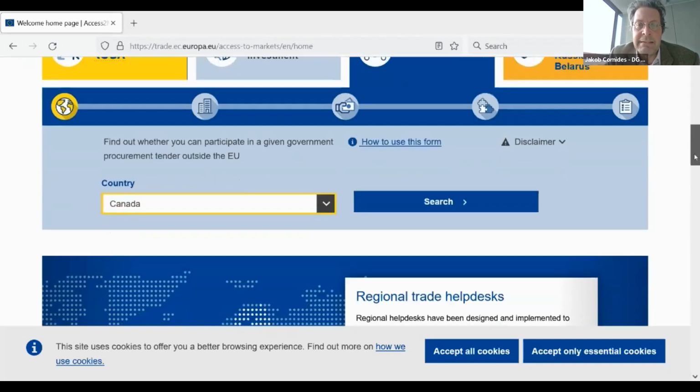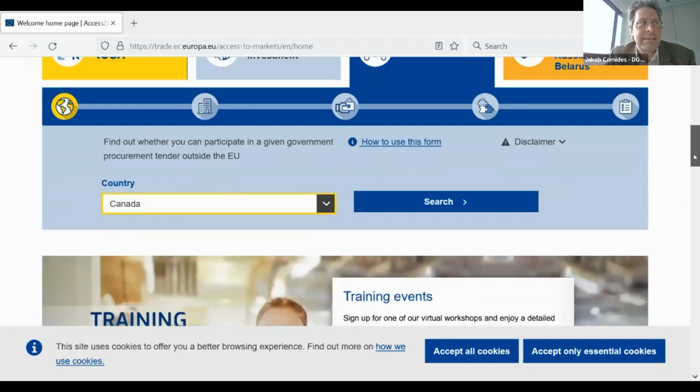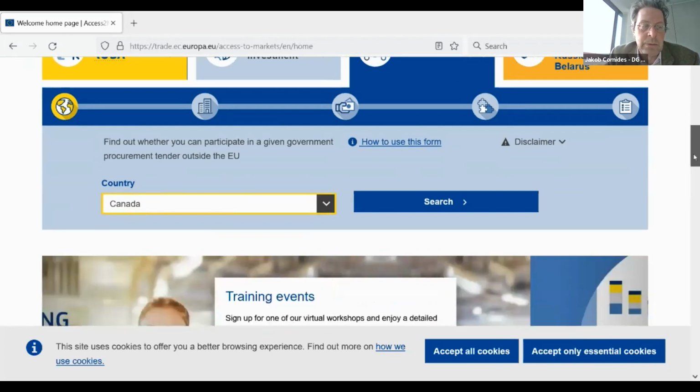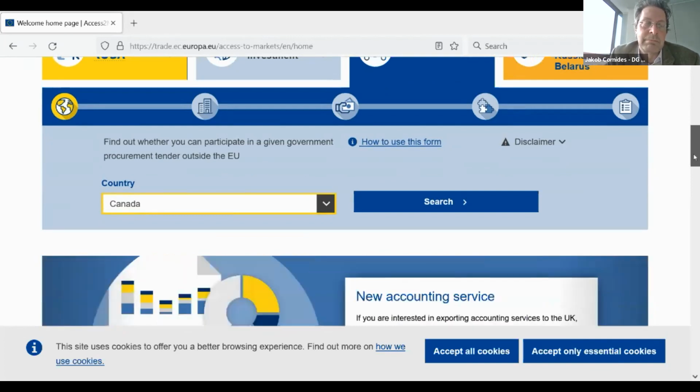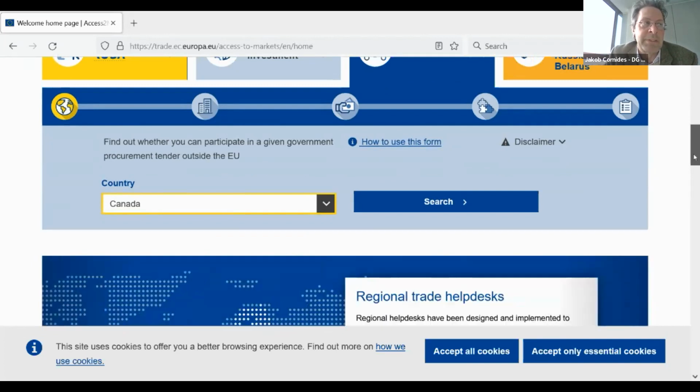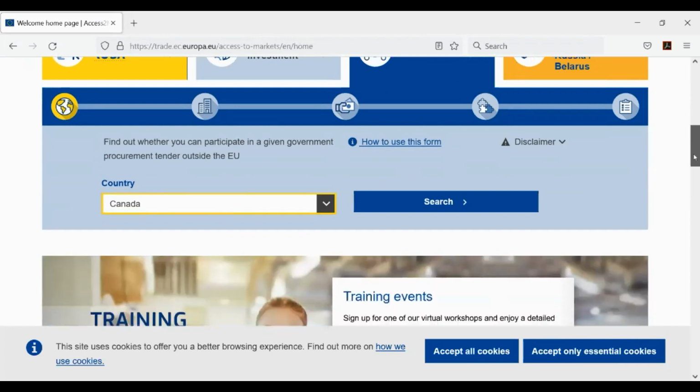In the area of procurement, the question of whether you have access to Canadian procurement under CETA and or the WTO Government Procurement Agreement is decided essentially on the basis of three determinants.